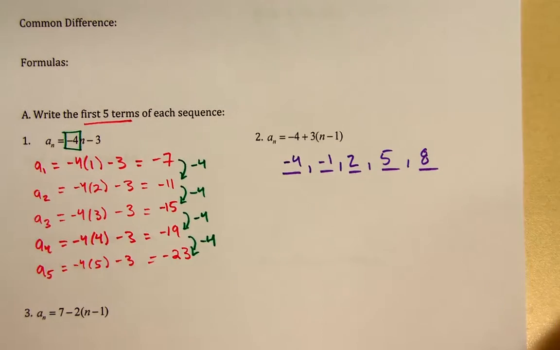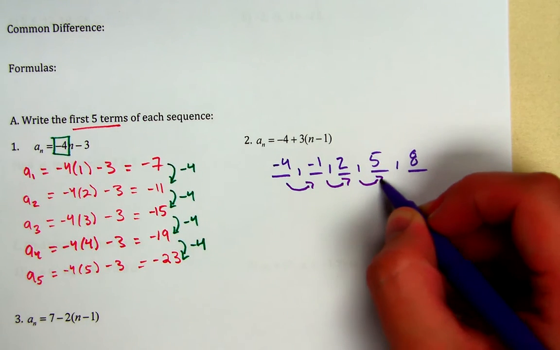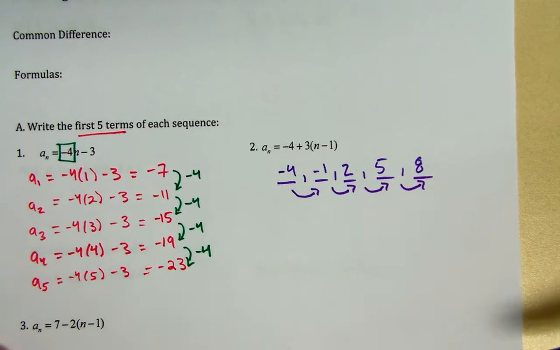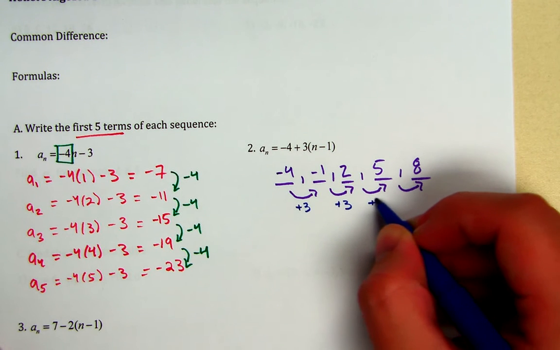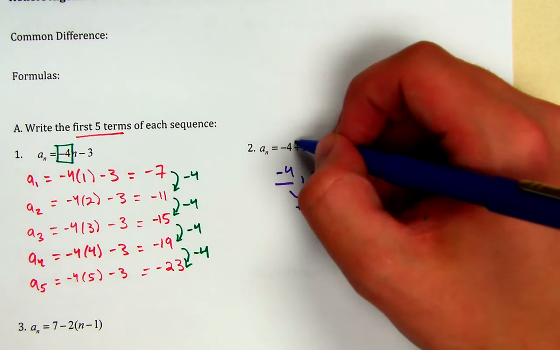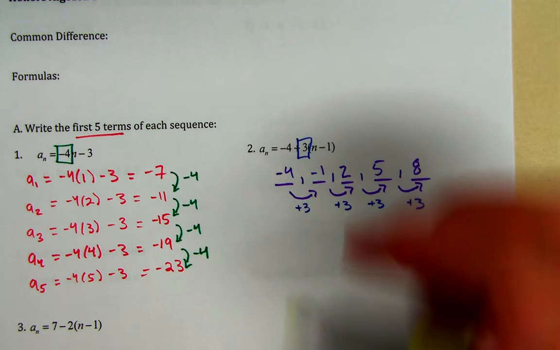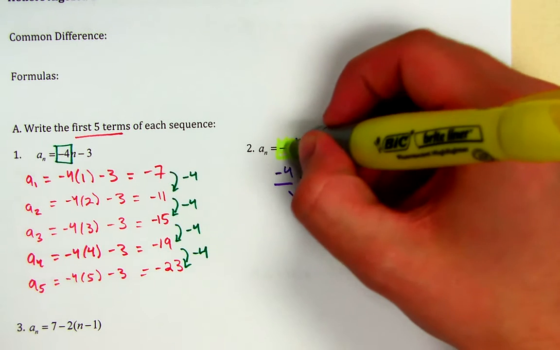Let's look at how we change from one term to the next. What's going on here? Hopefully you realize I'm adding 3, add 3 more, add 3 more, add 3 more. Sure enough, 3 is here. Maybe you realize this too: there's a negative 4 here.